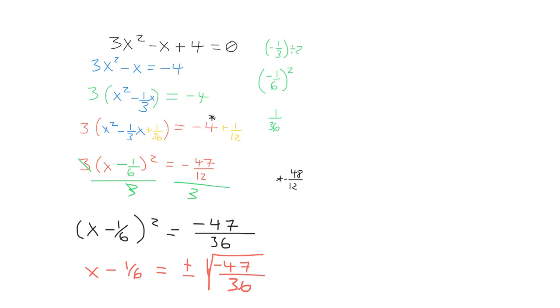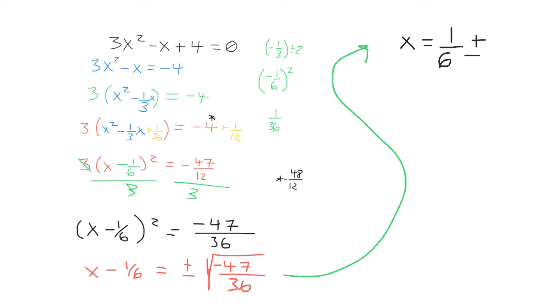First, let's add that 1/6 to both sides. So we're going to take this all the way up here. So after adding 1/6 to both sides, we're going to have 1/6 plus or minus the whole thing of radical negative 47 over 36.